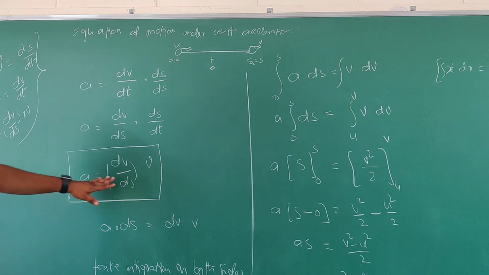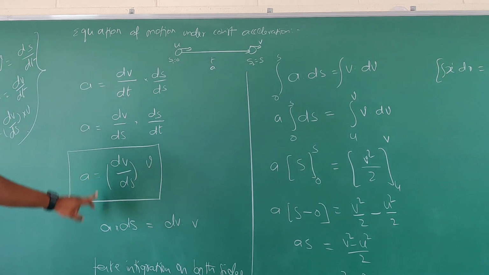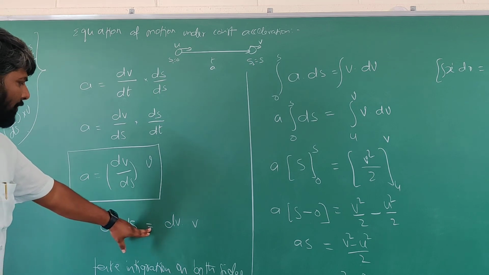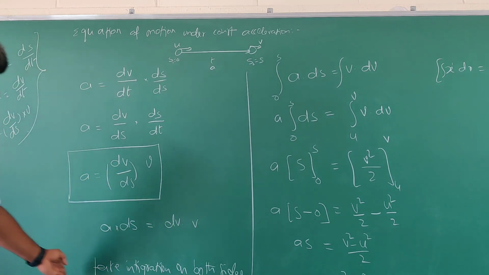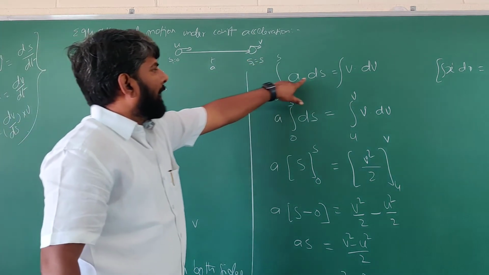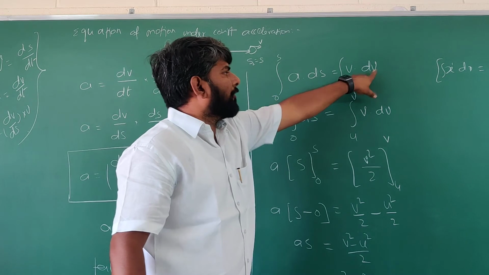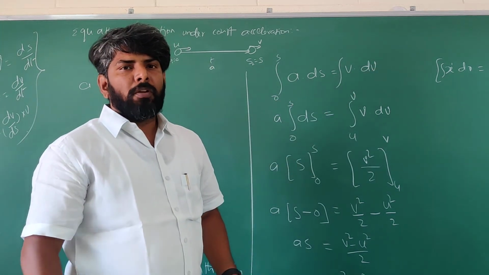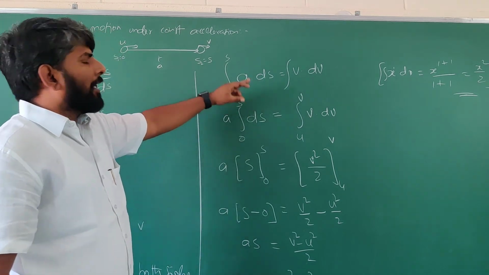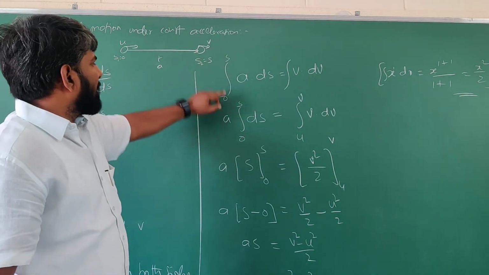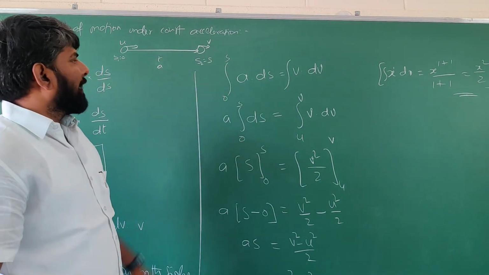Now this same equation, I am bringing ds this side. So a into ds is equal to v into dv. Now take integration on both sides. Integration of a into ds equals integration of v into dv. Integration of displacement ds goes from 0 to s.